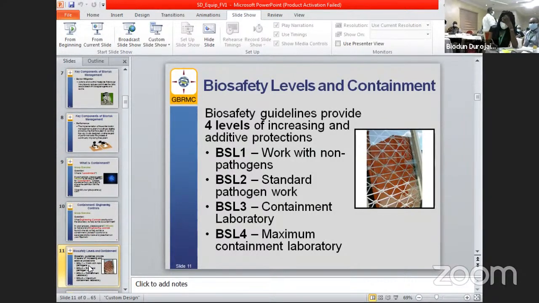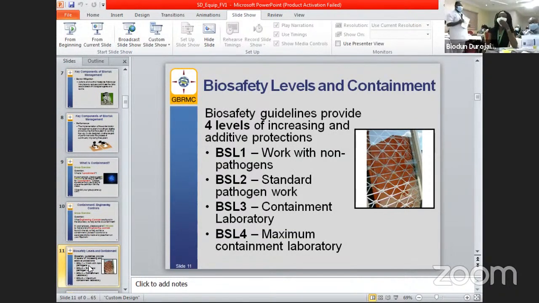And of course, you will still be required to use the minimal level of PPE. But you do not have to have the sophisticated controls. Then go on and graduate to CL2, in which you have standard work with pathogens. Pathogens, that is the organisms that cause diseases.